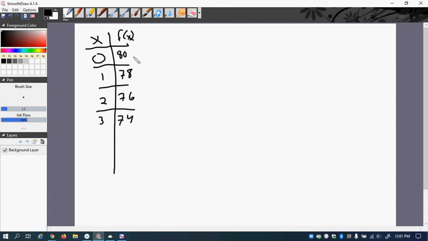You can see the difference between these two numbers is 2. It's always 2. And same thing here, this is 1, 1, 1. So in the table, we're seeing this constant number occurring.